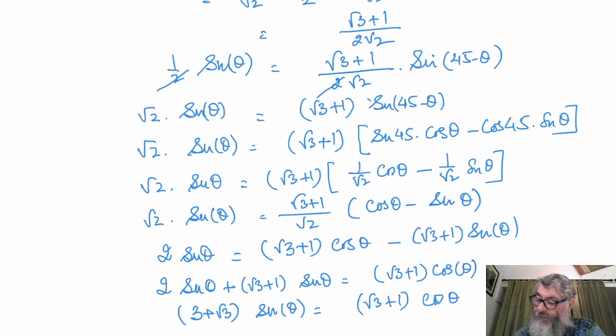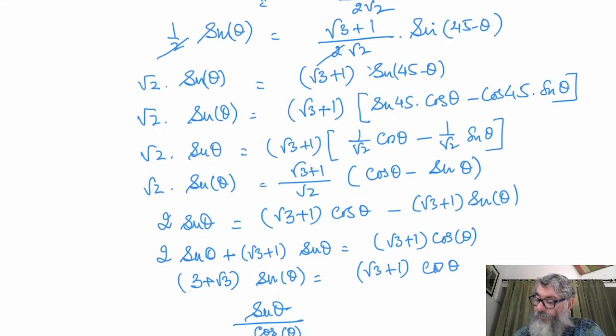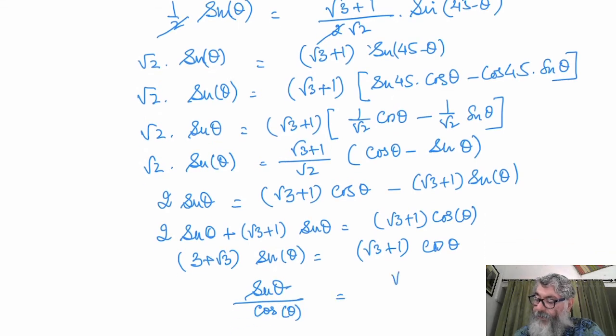Now sine theta upon cos theta will become root 3 plus 1 upon 3 plus root 3.